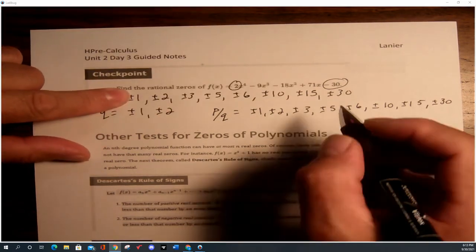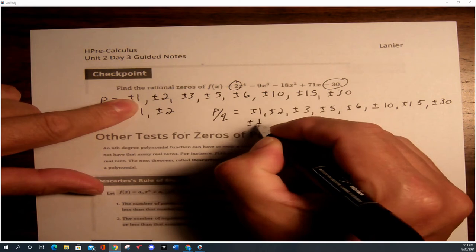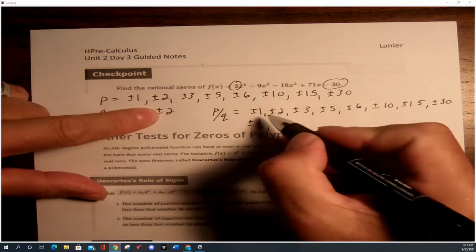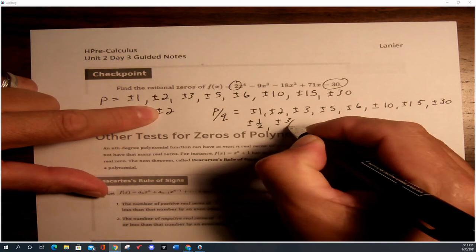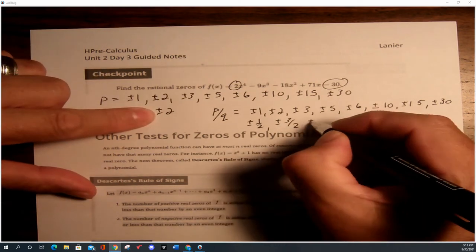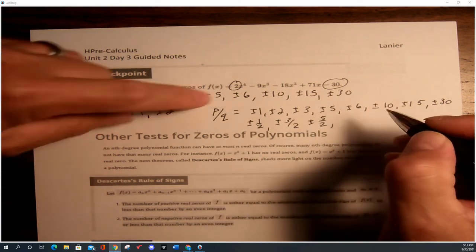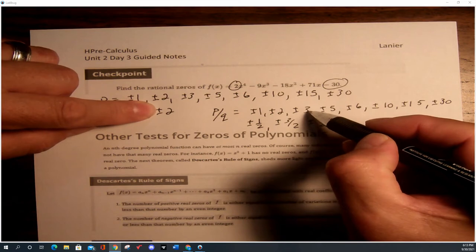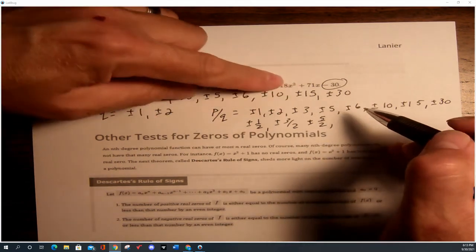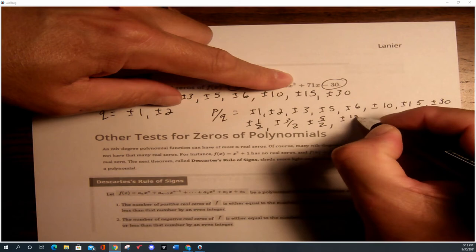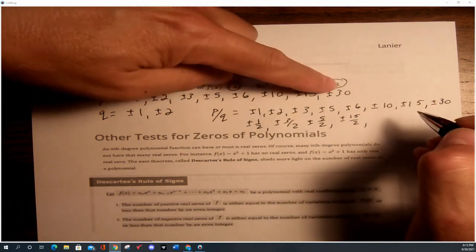So plus minus 1 over 2, 1/2. 2 over 2 is 1. I already have it. I don't need to write it again. 3 over 2. 5 over 2. 6 over 2 is equal to 3. I already have it. 10 over 2 is equal to 5. I already have it. 15 over 2 is next. And then 30 over 2 is 15.